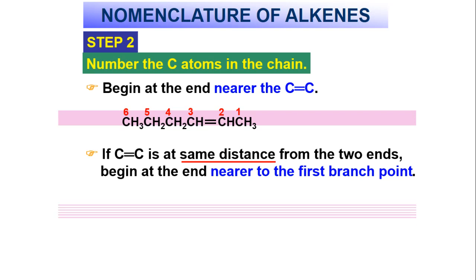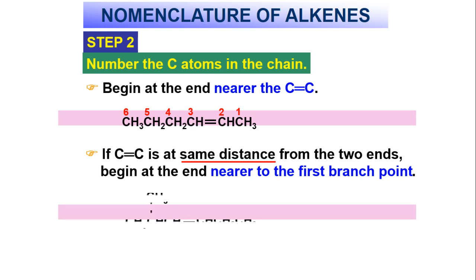We have a 6. In a case like this one, if you look at the double bond, from this side you find that there are 1, 2, 3. Even if you go that way, 1, 2, 3, they are just 3.